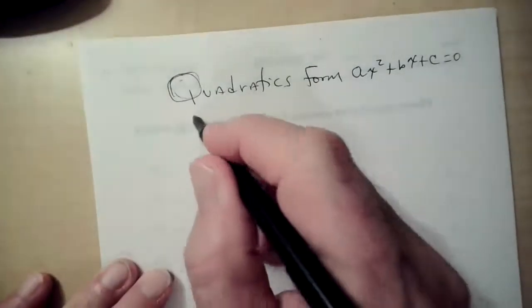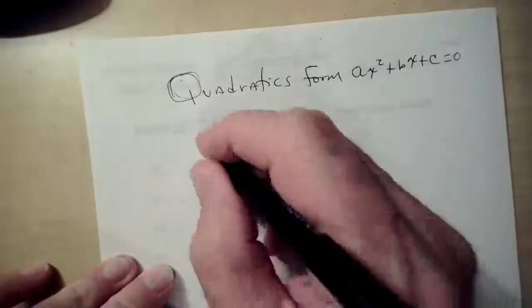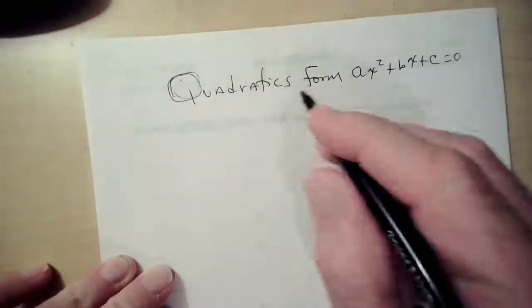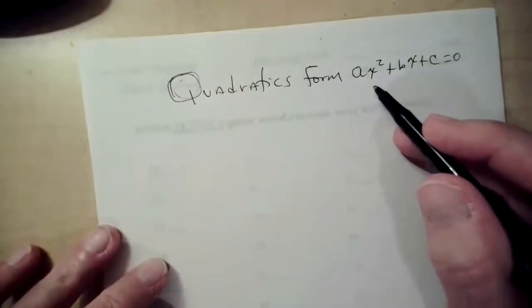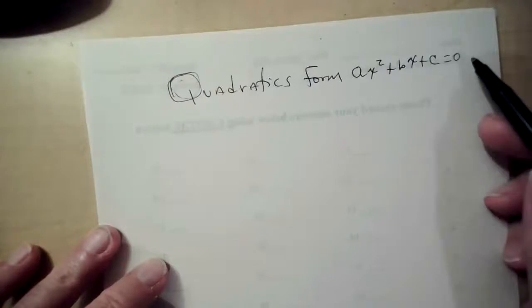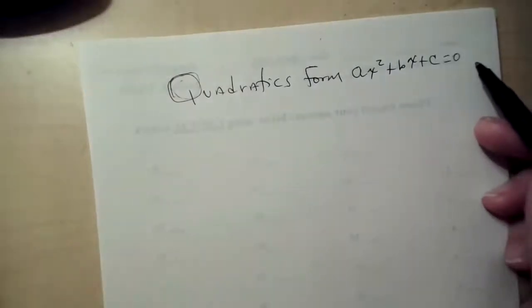Okay, quadratics. Quadratics are like 3x squared plus 2x plus 5. Those are quadratics, and they're always in this form. If you'll notice, they're equal to 0.